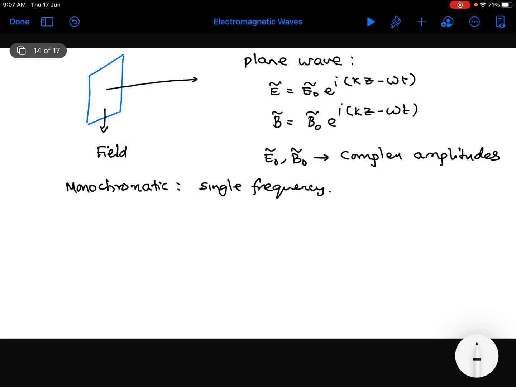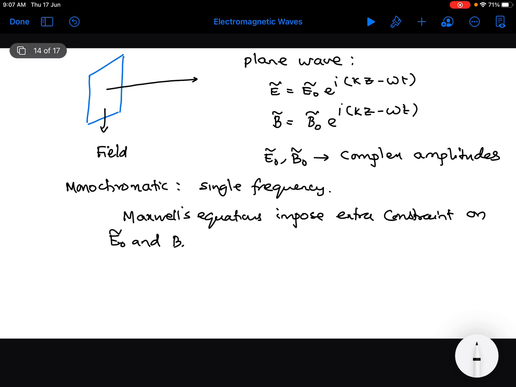Now we look at Maxwell's equations. Maxwell's equations impose extra constraints on E0 and B0, the amplitudes.